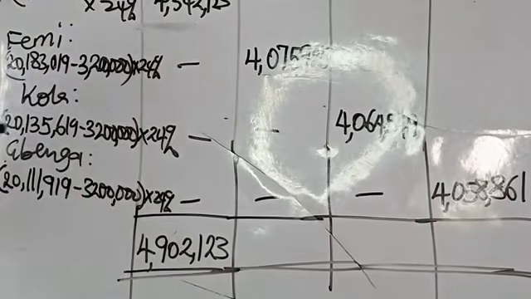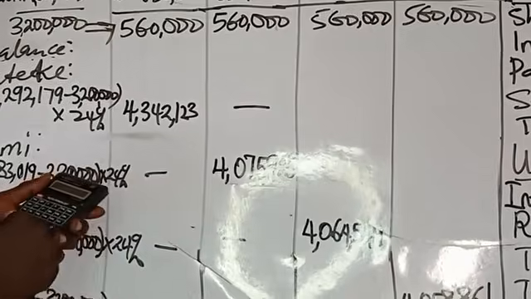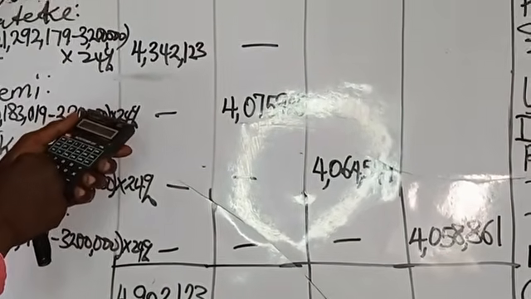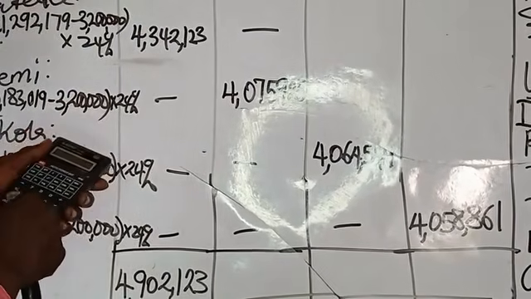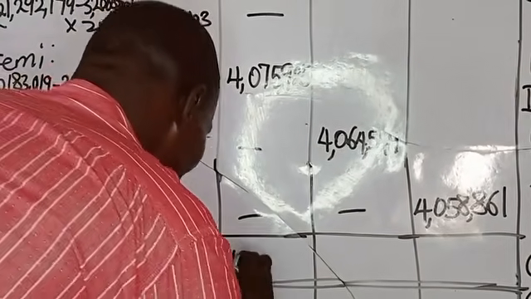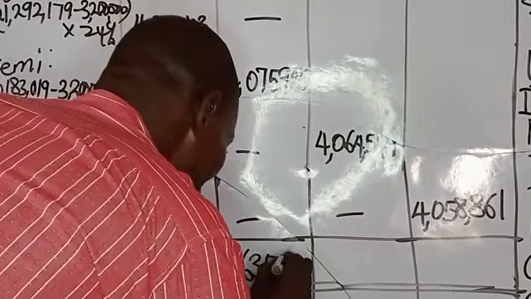That of Femi, we have 560,000 plus 4,075,925. That is totaled 4,635,925.